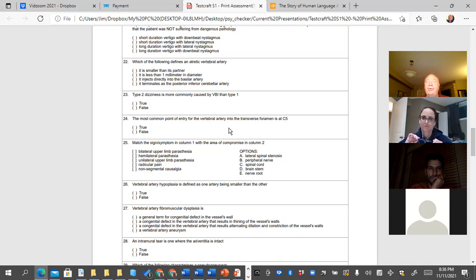If you use neurological signs or symptoms as your positive for VBI, then it's probably very sensitive and very specific. But it won't be sensitive for other causes of dizziness under those circumstances, not if your positive is neurological signs and symptoms.